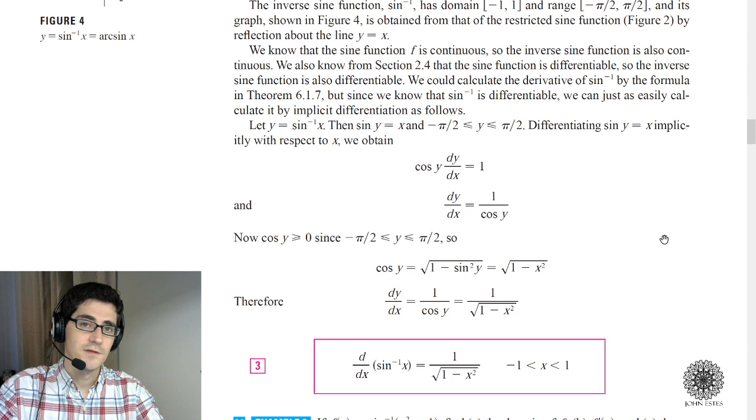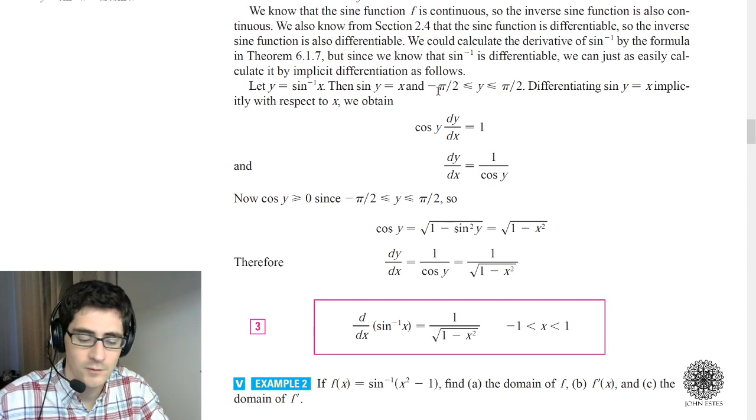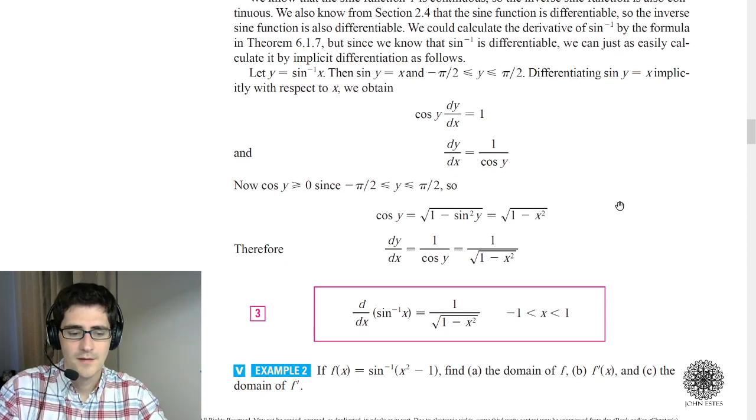And I can use the Pythagorean identity, sine squared plus cosine squared equals 1, and solve for cosine y and get positive the square root of 1 minus sine squared y. It's positive again because I'm coming from quadrants 4 and 1. And now sine squared y, remember sine y was x, so I can replace sine squared y with x squared.